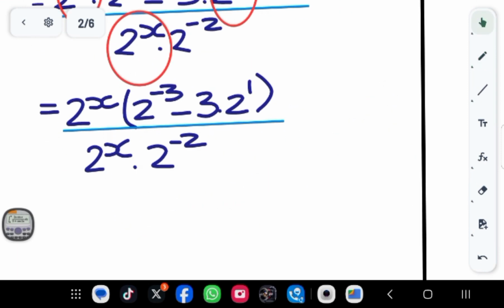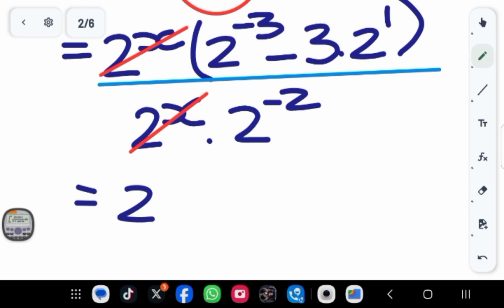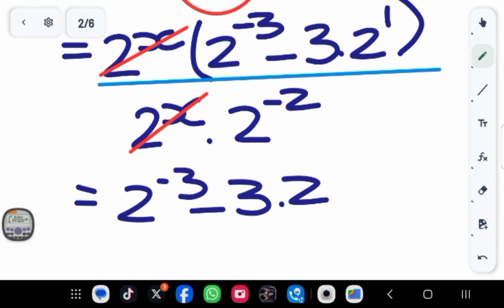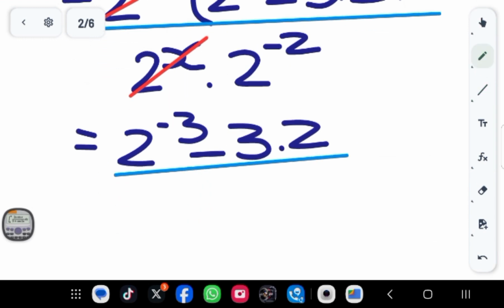So now we cancel out the 2 to the power of x. They cancel out, common factor, and that leaves you with 2 to the power of negative 3 minus 3 times 2, all over 2 to the power of negative 2.